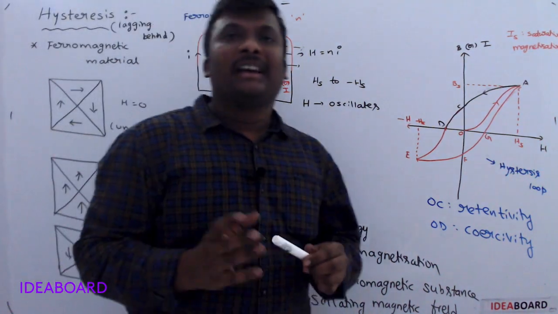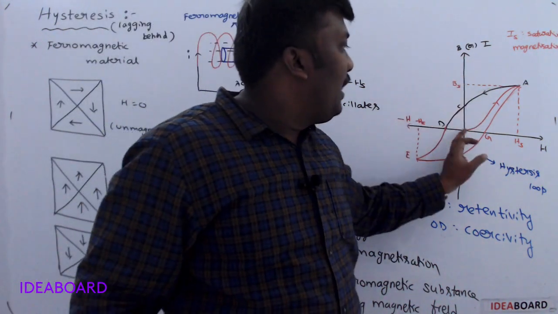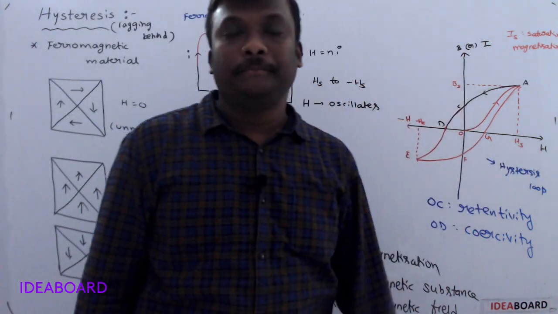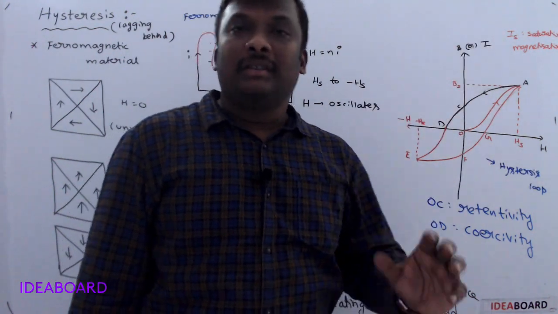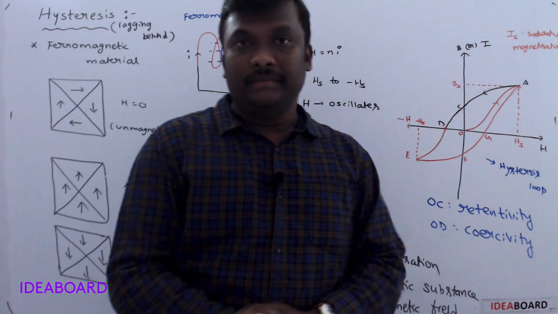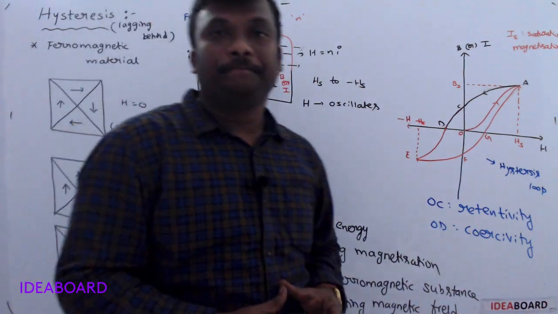Lagging behind comes late. See here, B always follows the H. B or I always follows the H. This is called hysteresis. Hysteresis is nothing but loss of energy.